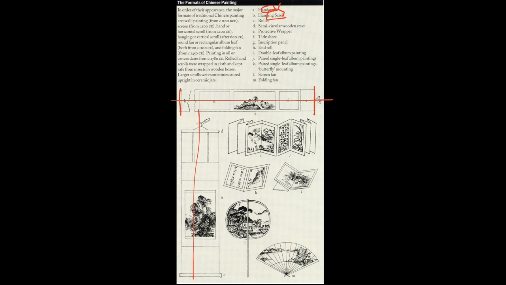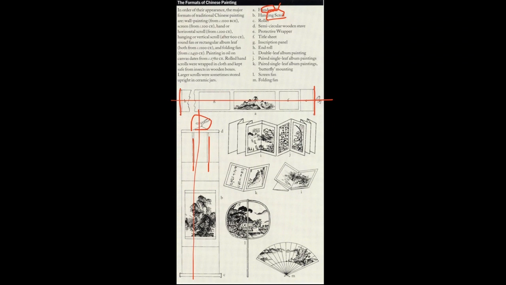Strings are used for hanging in this case, but other strings attached on the back side of the banner are used to tie the scroll painting.